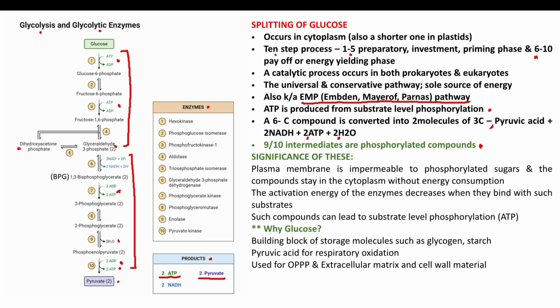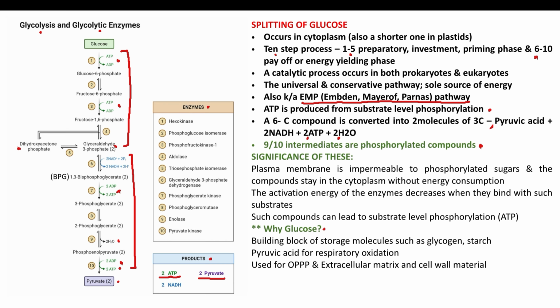Now, what is the importance of phosphorylated compounds is one important thought-provoking question which we need to answer. We also should know why glucose is so important, that sucrose is also broken down into glucose. From lipids also we generate glucose. So we need to work on why glucose is important and why the compounds should be phosphorylated. Let's just take up the phosphorylation condition.